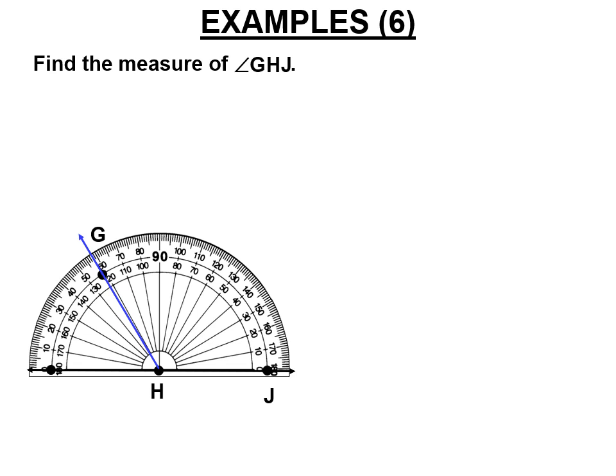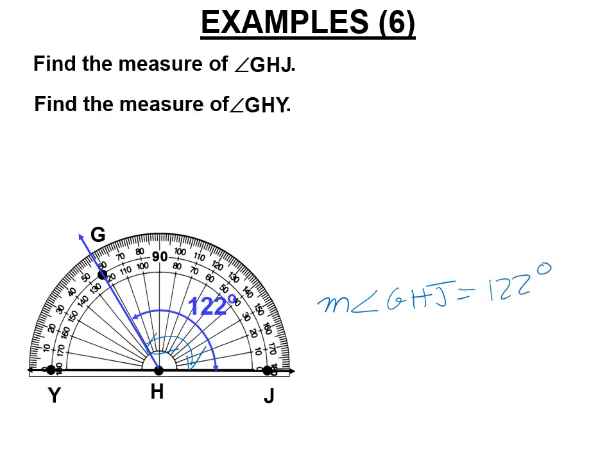Find the measure of angle GHJ. So that's this side. So we're going past 90 degrees. Ooh, now it's past 120. How far past? It looks like the measure of angle GHJ is 122 degrees is what I'm getting. Yep. Now the other side, right?